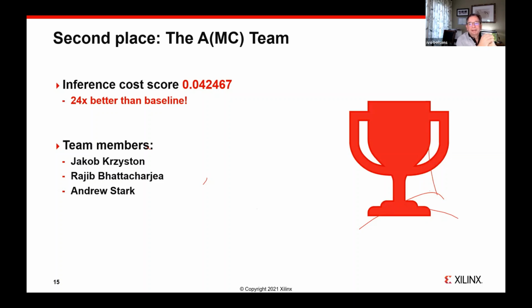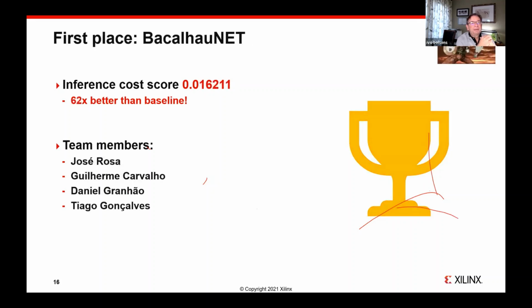And then finally, the first place and the winner is the team called Bacalonet. And the cost score they achieved was 0.016211, which is an astounding 62 times better than the baseline that we gave everyone.